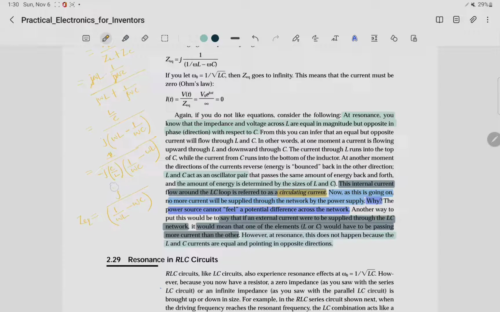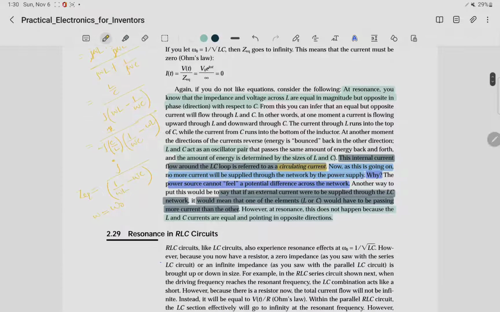So if we insert our angular frequency equal to the resonant angular frequency, our Z equivalent will be equal to j over 0, which is just the same as infinity.